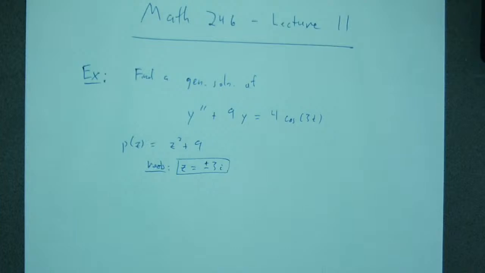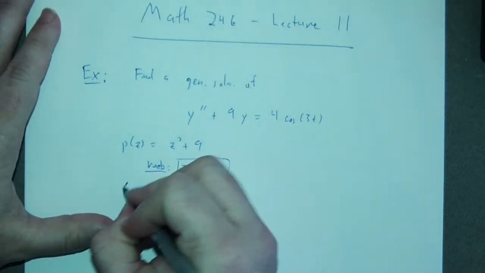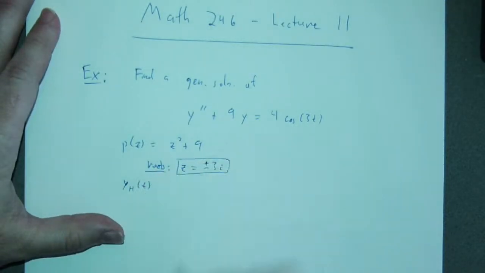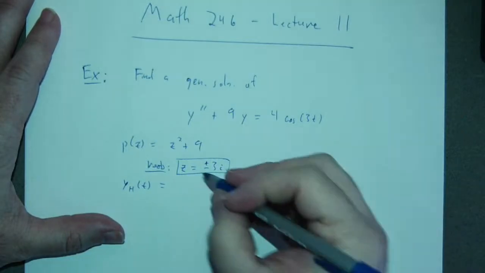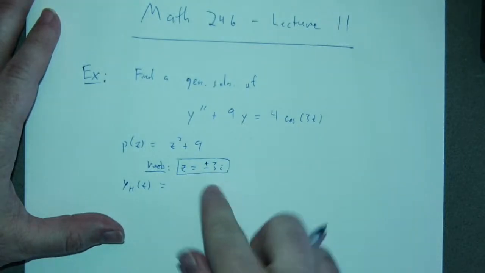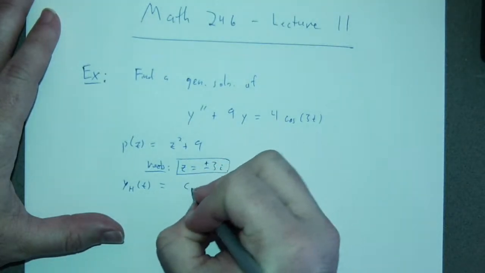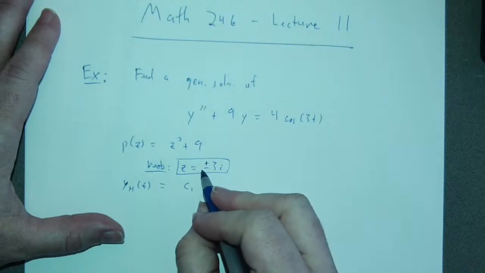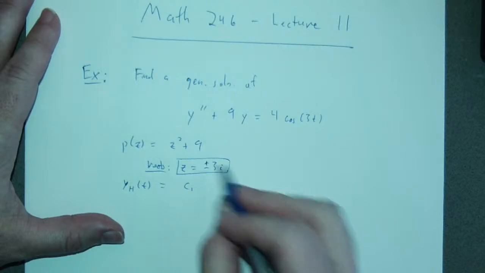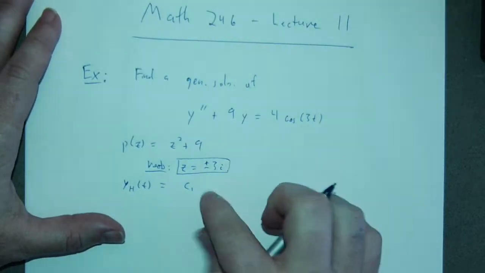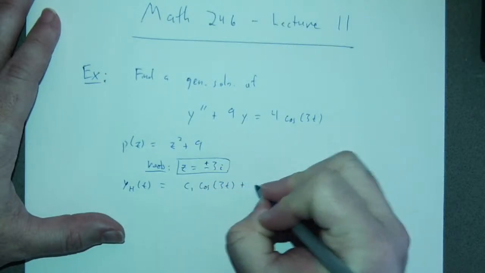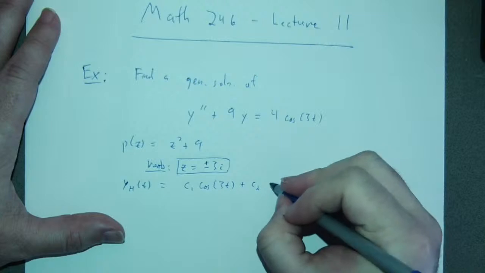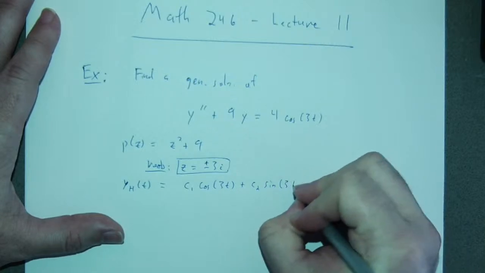Okay. So then what is the homogeneous general solution? Using these roots, the homogeneous general solution is C1 e to the 0t, because the real part of this is 0, times cosine of 3t, plus C2 times e to the 0t sine of 3t.